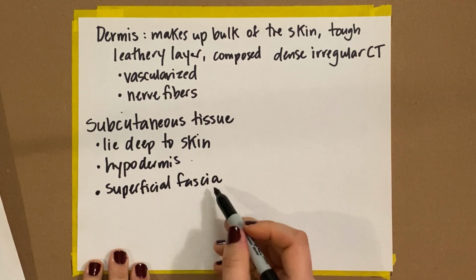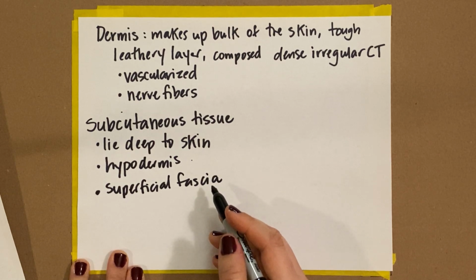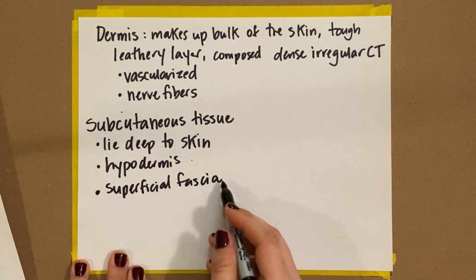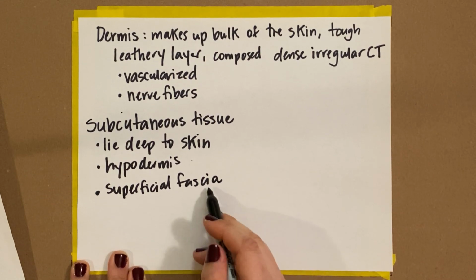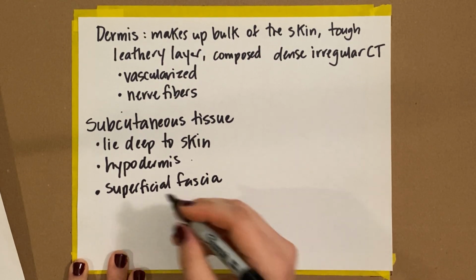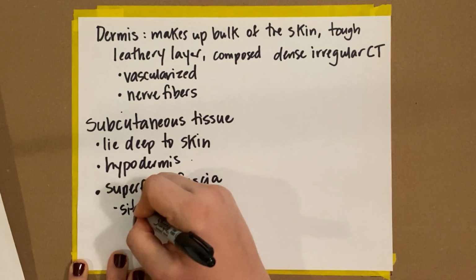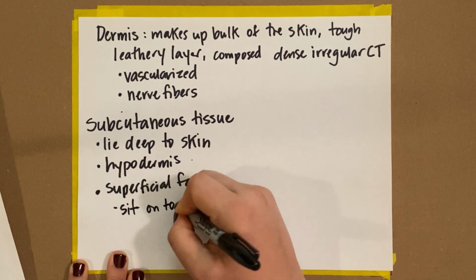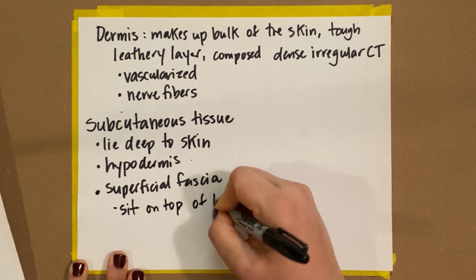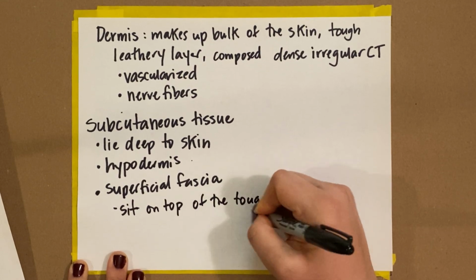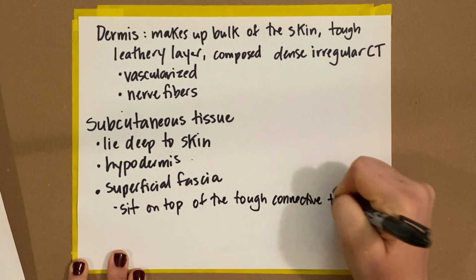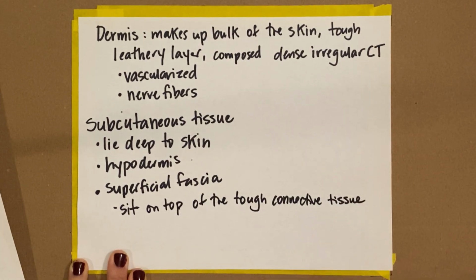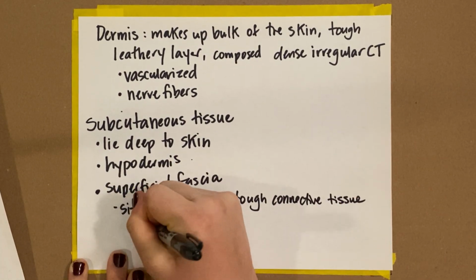Okay, and so the superficial fascia is just a different term because it's going to be basically sitting on the fascia. Okay, and so this is going to sit on top of the tough connective tissue wrapping.